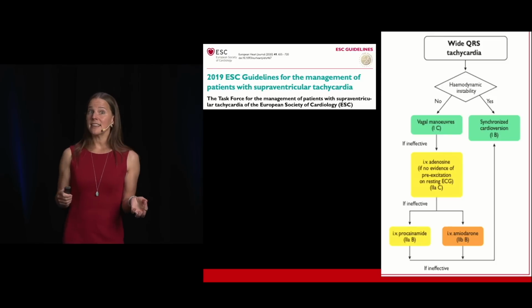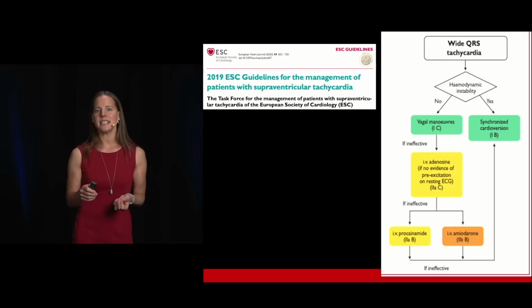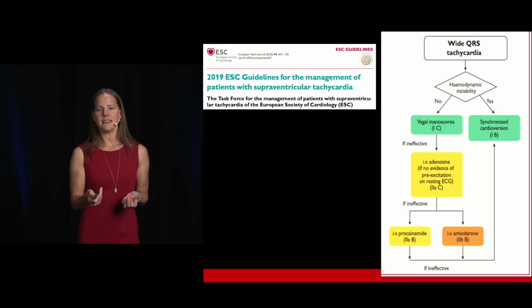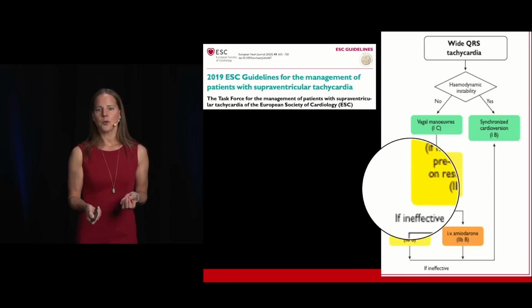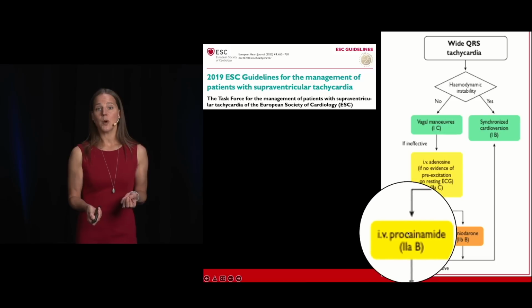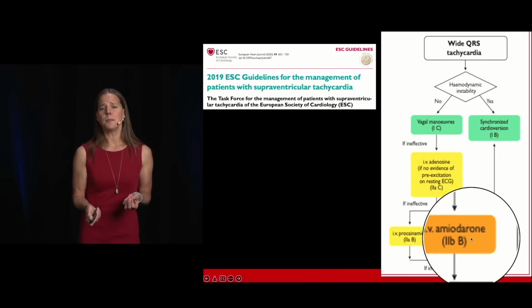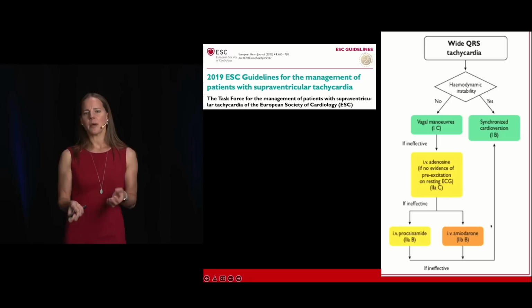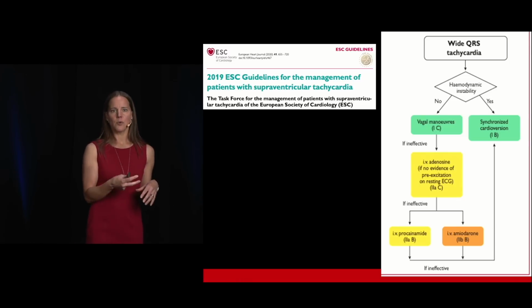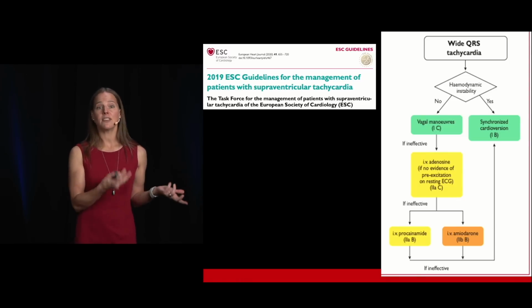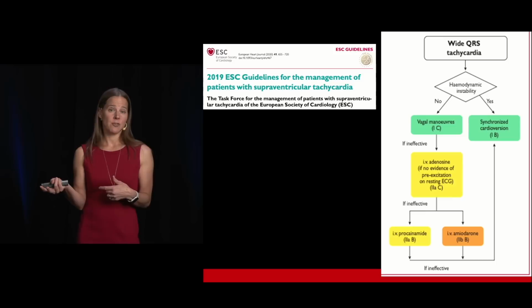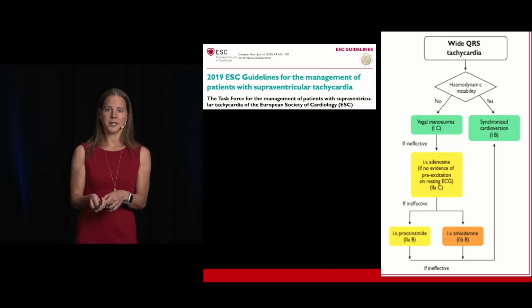The European guidelines, on the other hand, from 2019, they actually state here that procainamide receives a 2A recommendation and amiodarone receives a 2B. So they're saying that probably a little more recommended to give procainamide, and amiodarone is also appropriate.